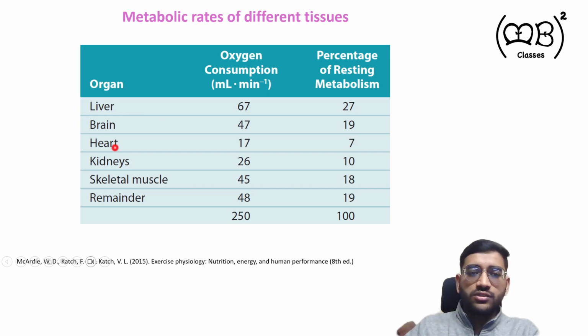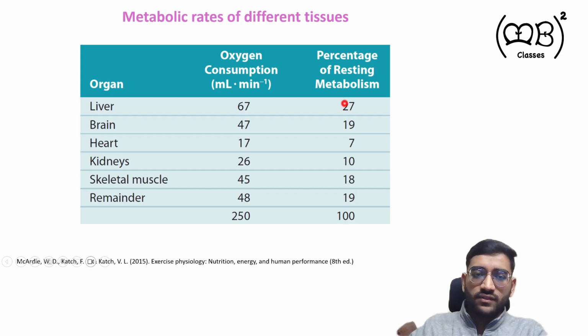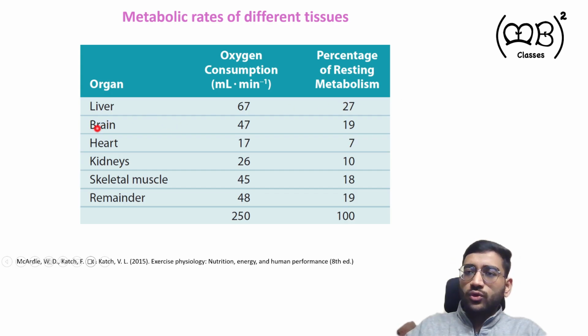Different organs also have different rates of metabolism, and the percentage of resting metabolism depends on how much they are working. Liver has the most percentage of resting metabolism with 27%. Brain is only 2.5% of the body weight, but still accounts for almost 20% of the resting metabolism present in the body.